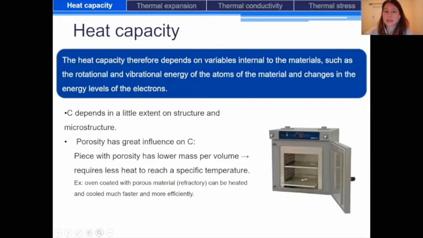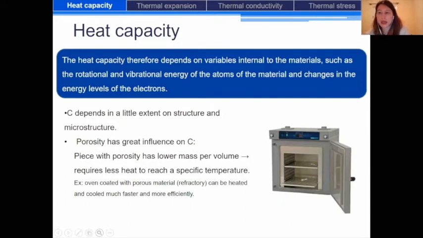To summarize, the heat capacity depends on variables internal to the material, such as the rotational and vibrational energy of the atoms of the material, which is what we presented, and changes in the energy level of the electrons. The heat capacity depends to a small extent on structure and microstructure in general, but let's talk about porosity.